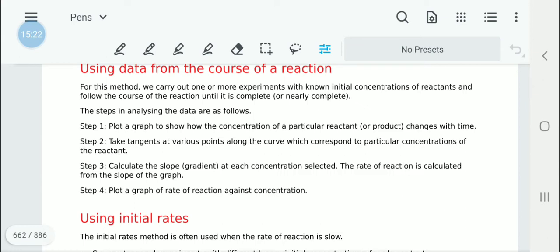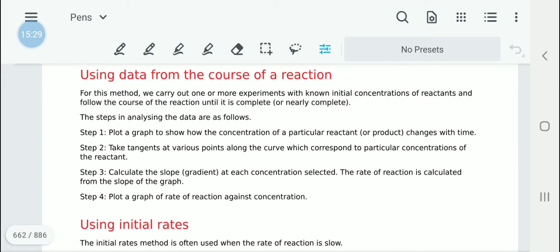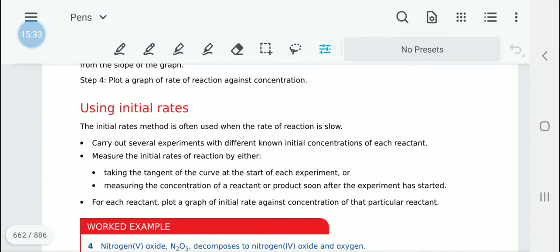From that you can actually find out the order of the reaction.